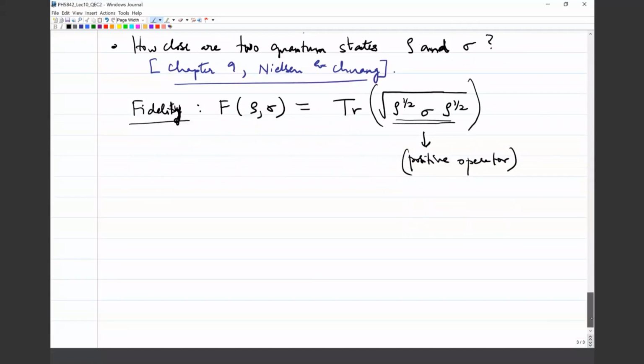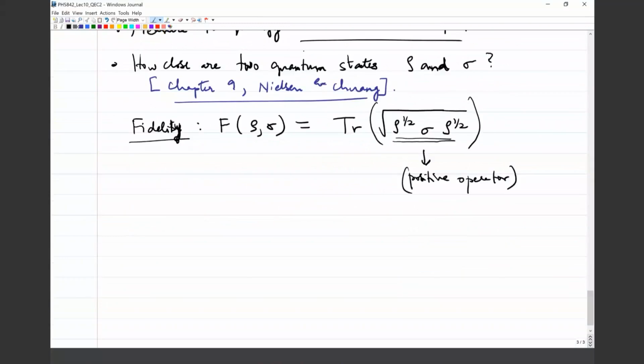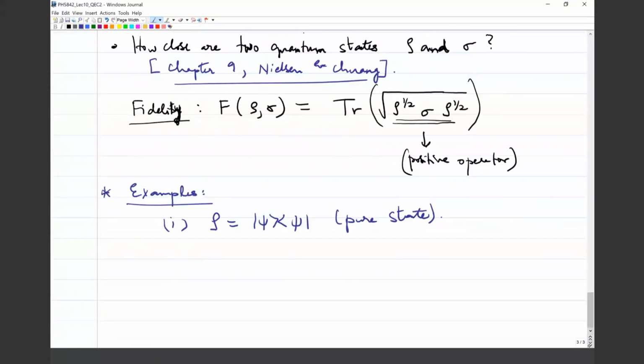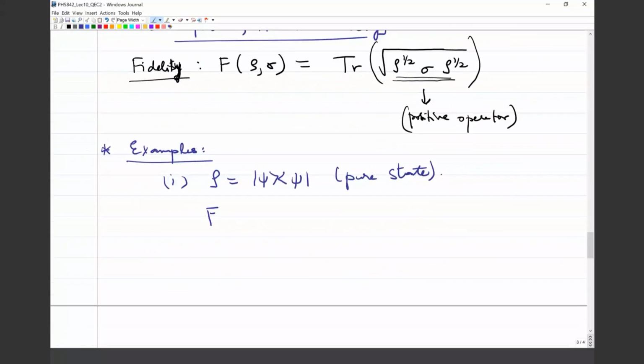So let us note a few simple cases or examples. Let's first look at the case when one of these states is a pure state. Then I'm interested in the fidelity between a pure state and a mixed state.